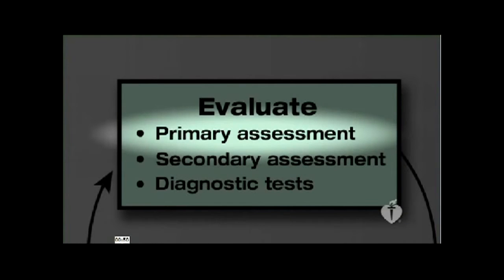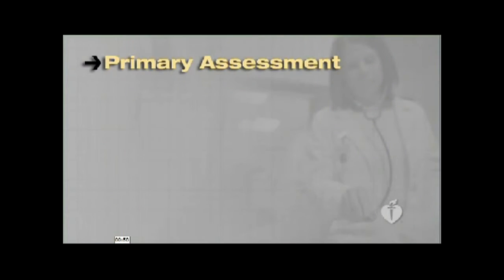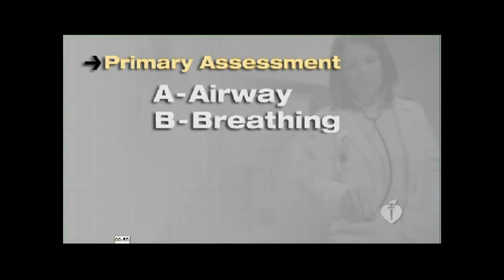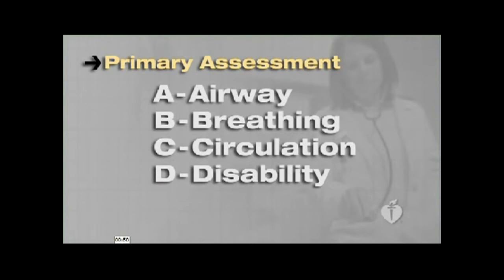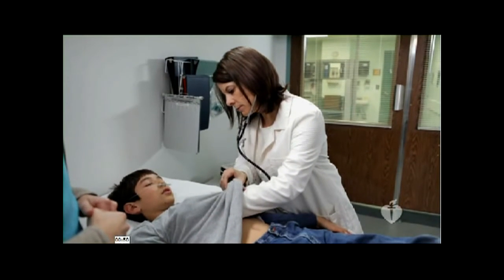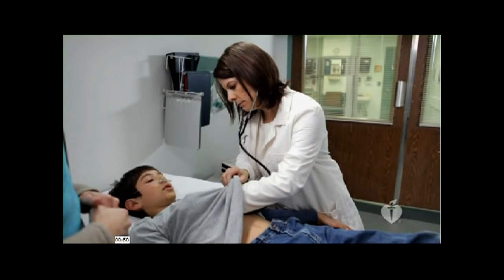The first step of the evaluation is the primary assessment. The primary assessment uses an ABCDE approach. ABCDE stands for airway, breathing, circulation, disability, and exposure. The primary assessment is a hands-on evaluation. Here, you assess respiratory, cardiac, and neurologic function to identify the problem.